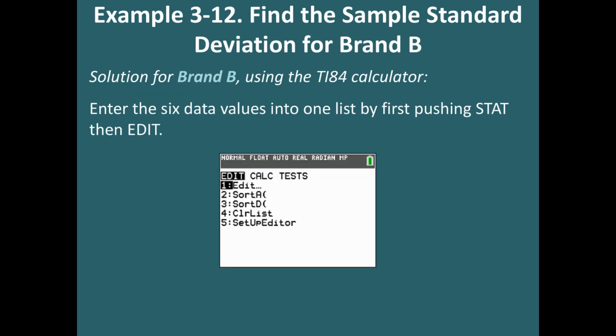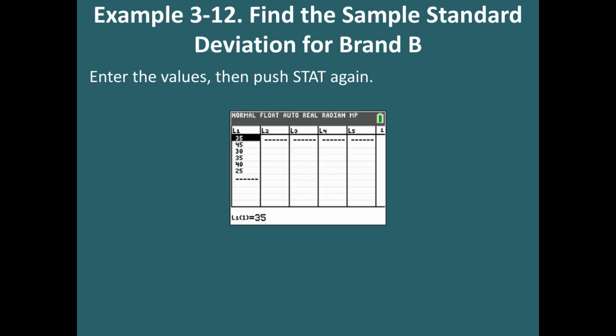Let's go ahead and find the sample standard deviation for brand B, this time using the TI-84. First, we will enter the 6 data values into one of your lists by first pushing Stat, then Edit. Next, enter your values, then push Stat again.